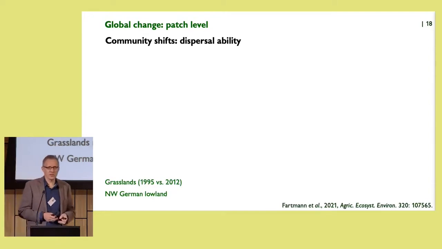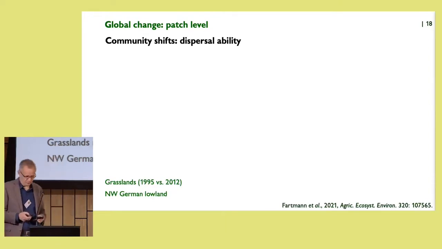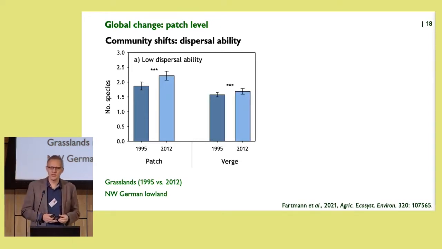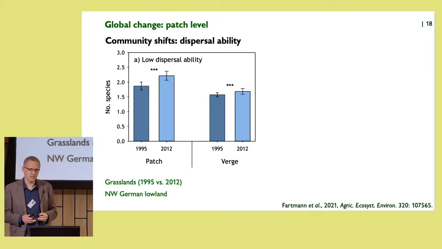Now let's come back to our study from the lowlands. And here we have a clear difference to the study from the Eifel Mountains. Here we observed an increase in species with low mobility, and we explain this by the high connectivity of the patches. There are a lot of roadside verges in the study area.